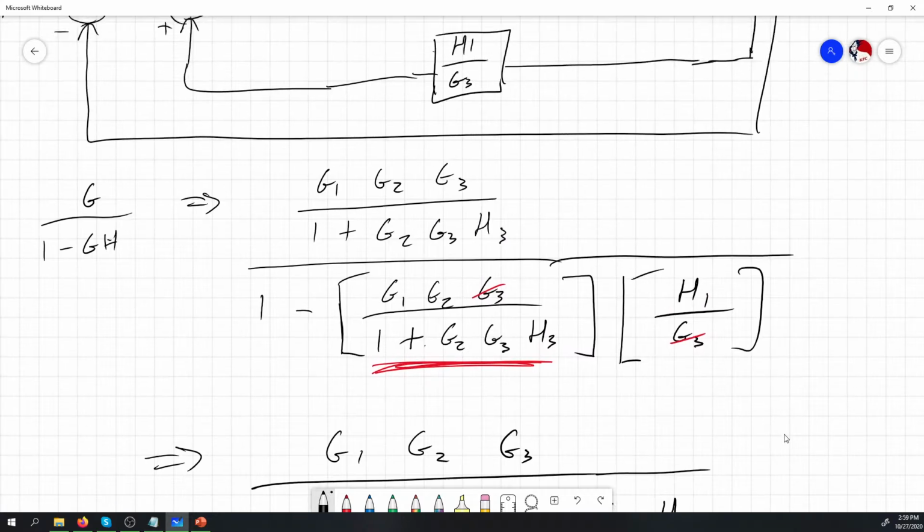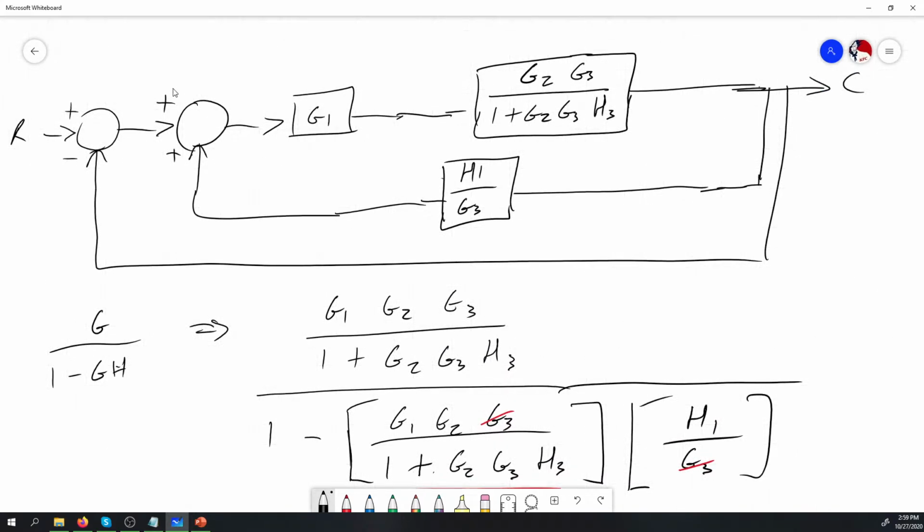That means we get rid of this summation junction here, the G1 block, this block here, and this H1, G3 block here in particular. So we can erase those.